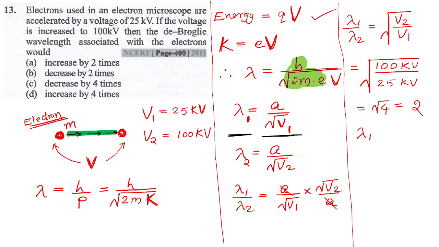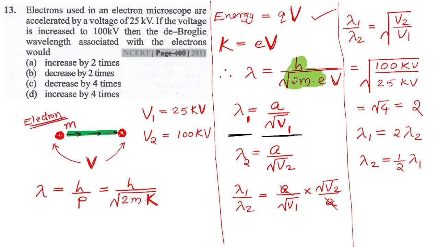Cross multiplying, lambda 1 equals 2 times lambda 2, or lambda 2 equals 1 by 2 times lambda 1.